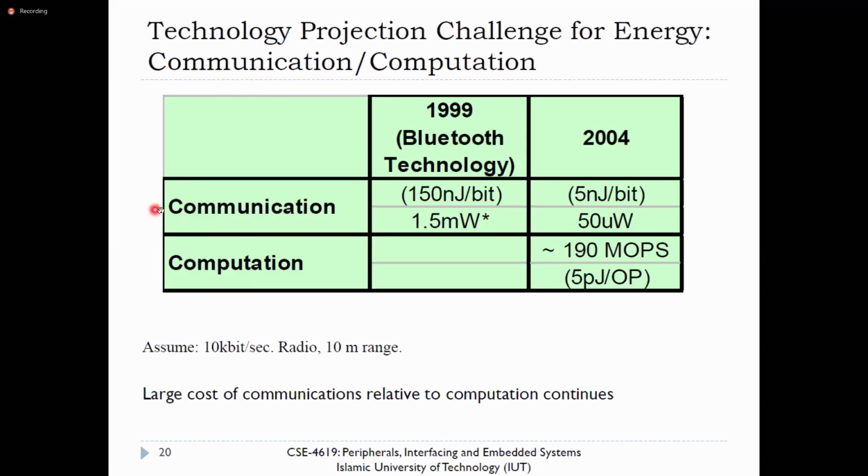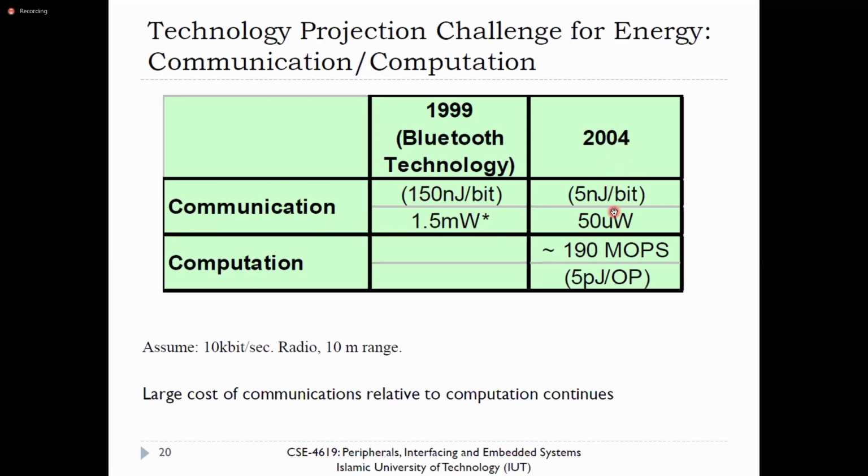So let's see the communication. For communication, mostly communication requires more power. So there is a large cost of communication related to computation. You can see that for each and every bit transmitted through Bluetooth technology, 150 nanojoule per bit of energy is required.